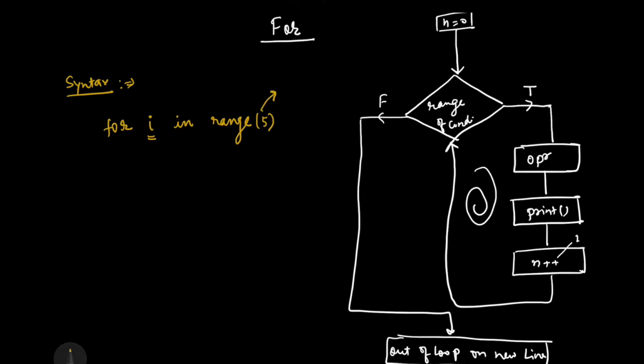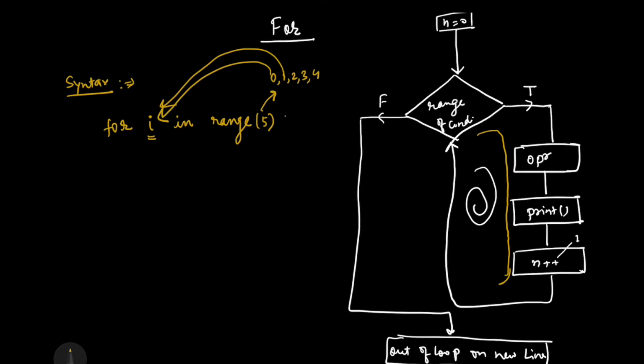That means it has a range from 0 to 4, that means 0, 1, 2, 3, 4, and each time it will start from 0. So i will contain 0, and it will go through the loop, and then it will increase the i, so it will become 1 now. In the next round i will become 1.